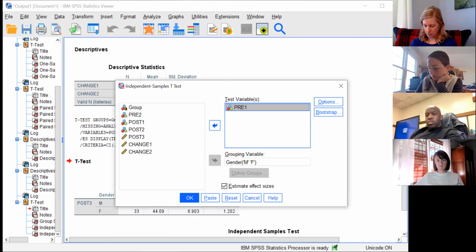When you go back into these procedures, if you're running the same procedure, except you're picking different variables, the dialog will default to the last thing that you ran. So you don't necessarily have to reset all the things. In this case, we just deleted post 3 out of the test variable box and added pre-1, and you're ready to roll.